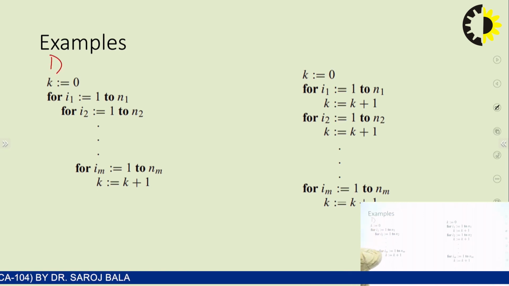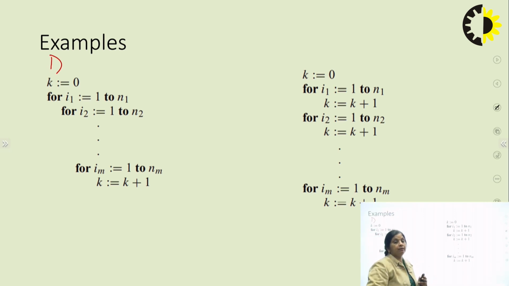The first is saying that we have to count the number of times the loop is running. So for k is equal to 0, we are using it to find the final number of how many times the loop has run. For I1, that is the first for loop, we are having 1 to n1 ways. So we have to do this n1 times.